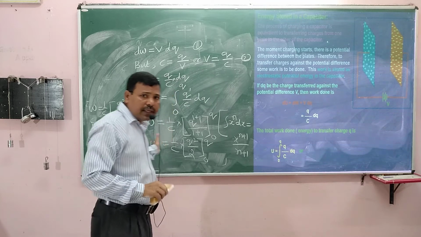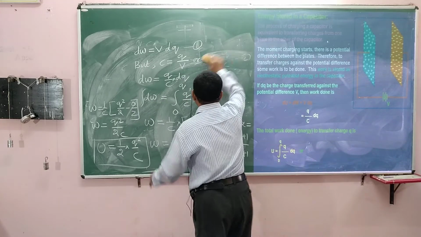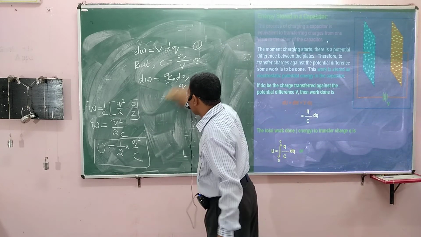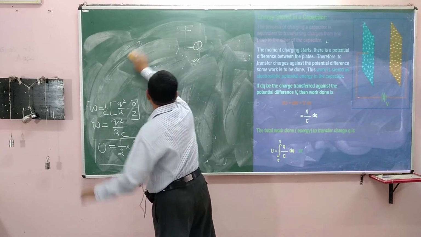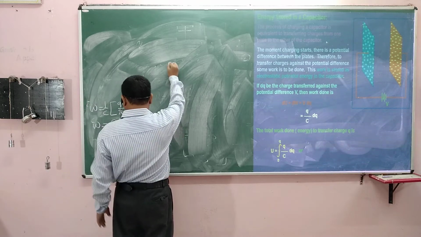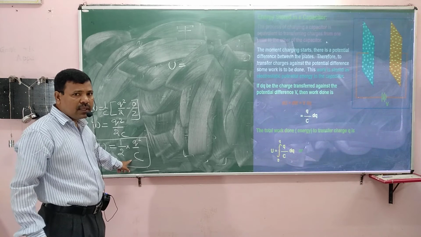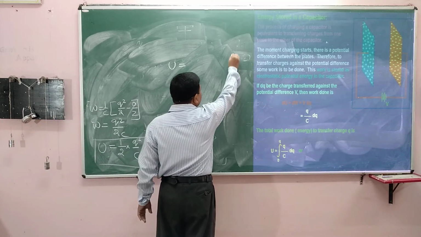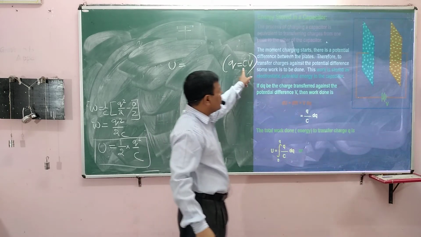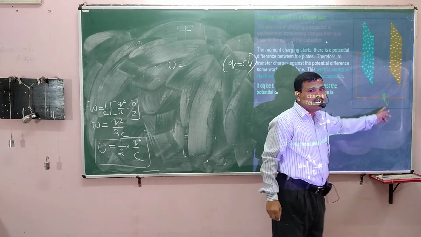We can also write this equation in two more forms. How do we write? U is equal to Q square by 2C. You substitute the value of Q is equal to CV, where C is the capacitance of the capacitor and V is the potential difference.